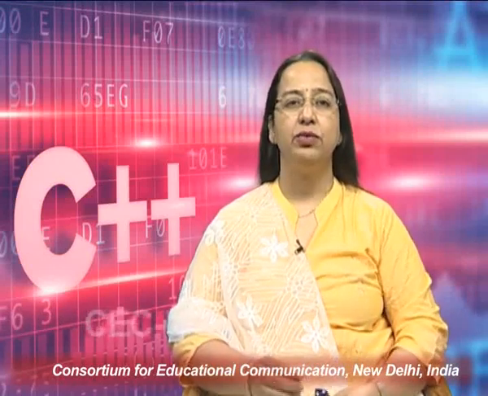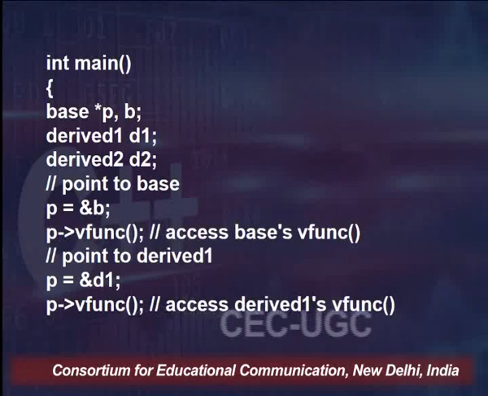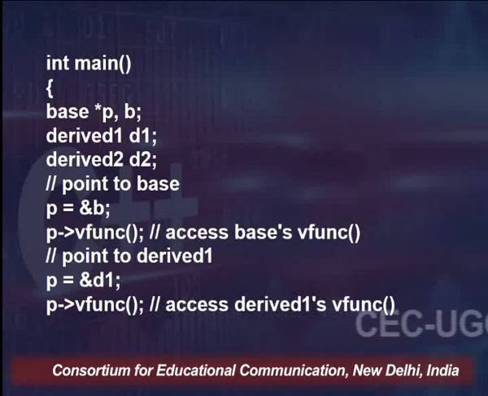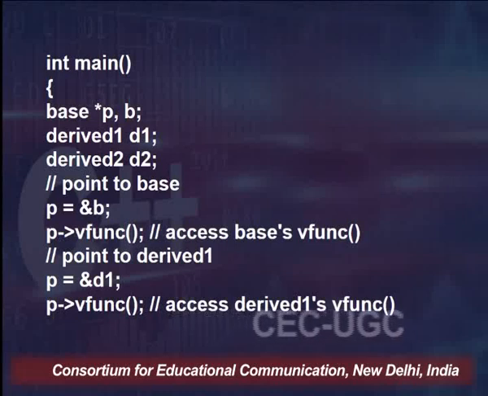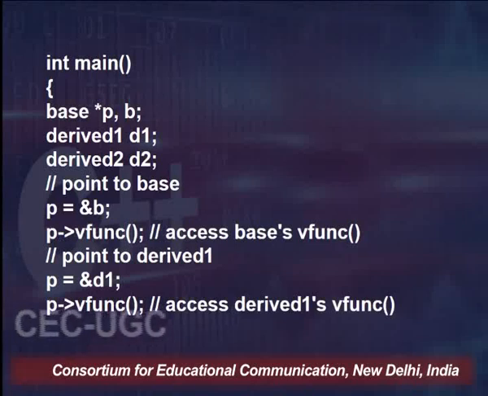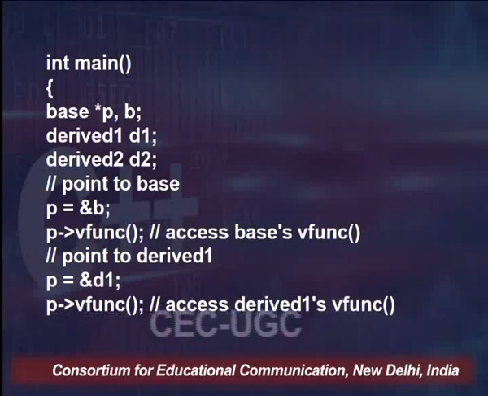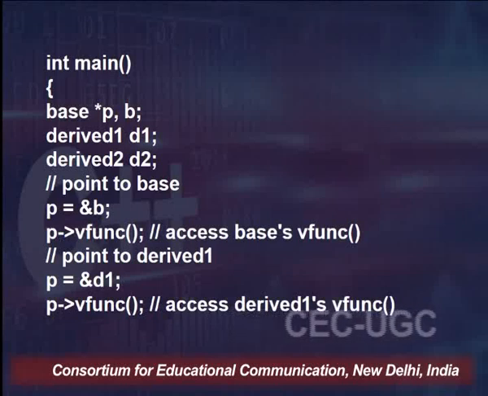Now, coming to main, we have one base pointer and one object of the class base. For that we have base asterisk p, and for the base object we have base b. Similarly, we have an object of derived1 named d1, and for the class derived2 we have object d2.